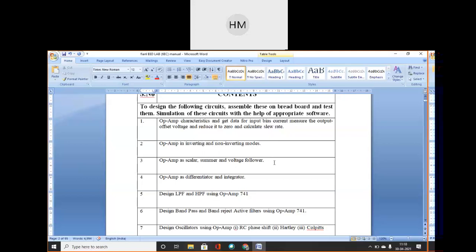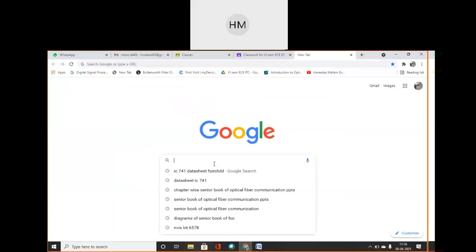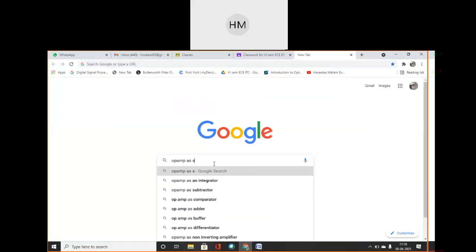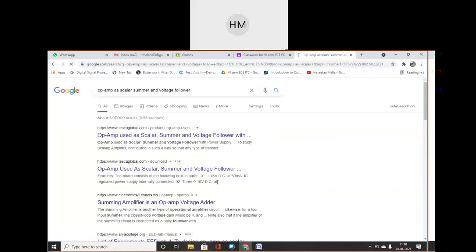Okay. So next experiment in continuation with this is op-amp as scalar, summer and voltage follower. So first I think we should discuss its theory so that it will become easier to perform this experiment.